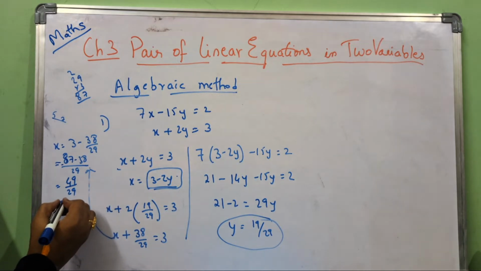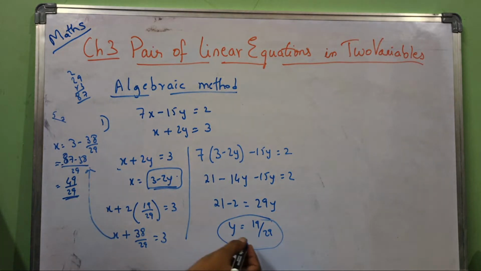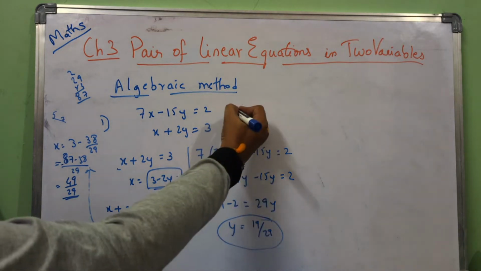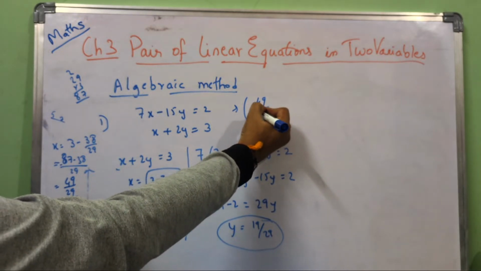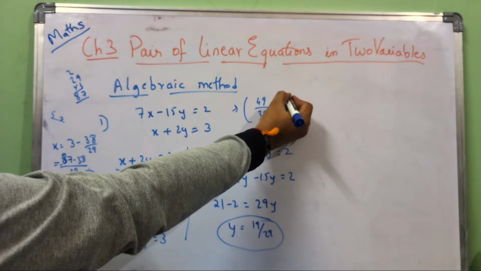So the x value is 49 by 29, whereas the y value is 19 by 29. So the final solution for this equation will be 49 by 29 comma 19 by 29.